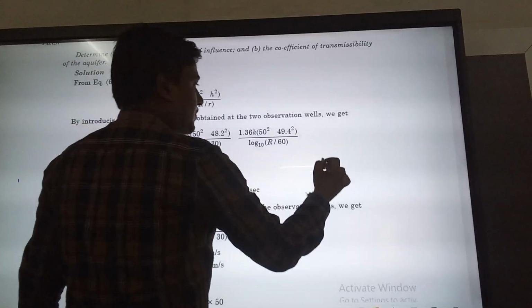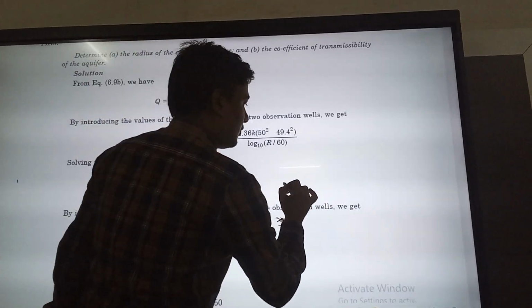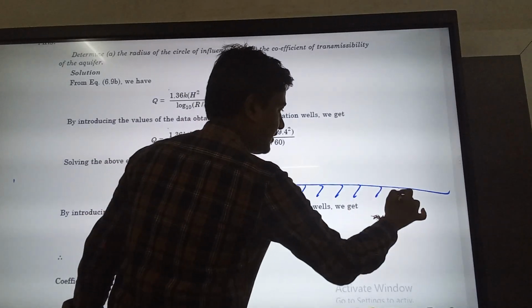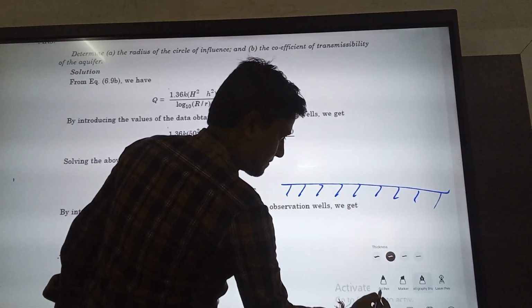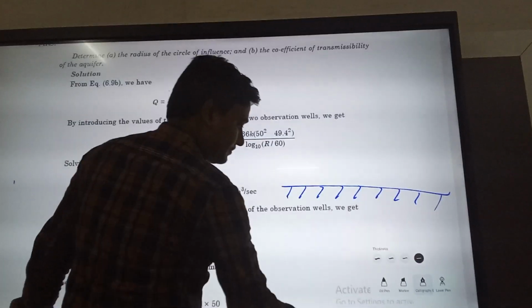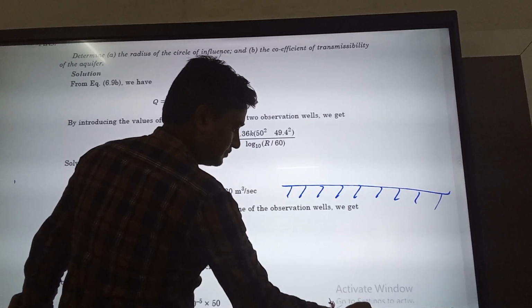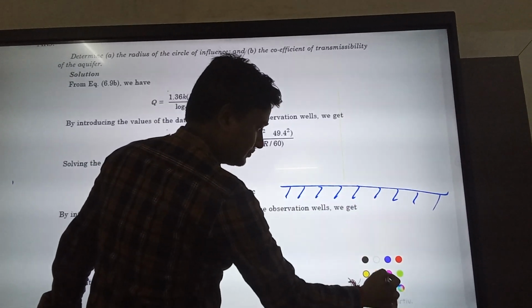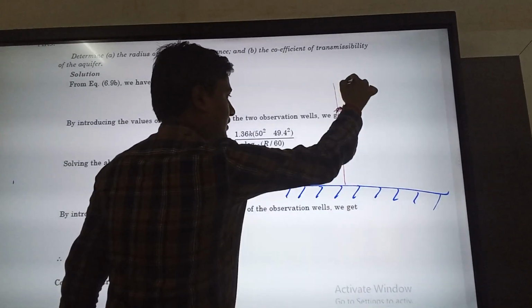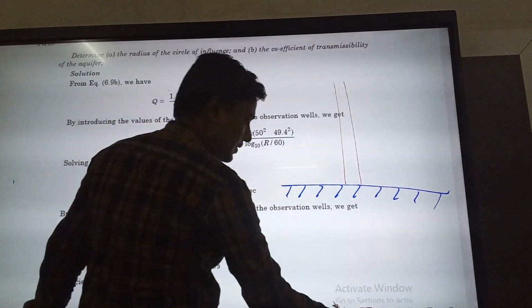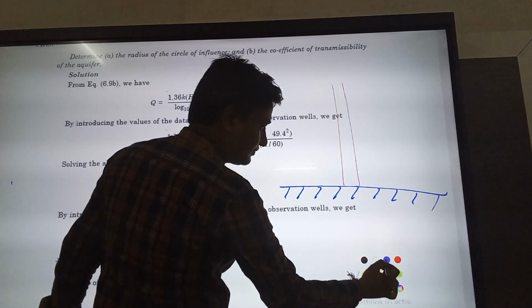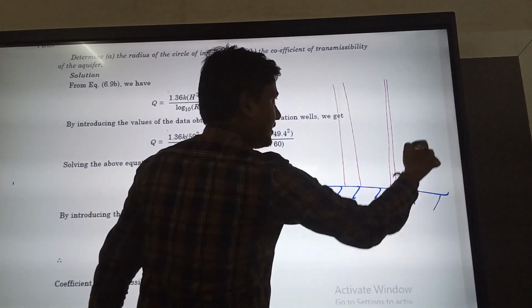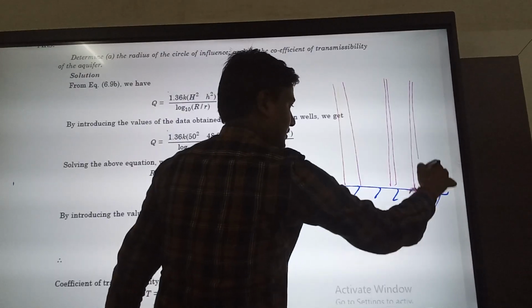Now here, if we draw the diagram of the well, this is an unconfined aquifer. Here is the main well, and here are the observation wells, number 1 here, number 2 here.